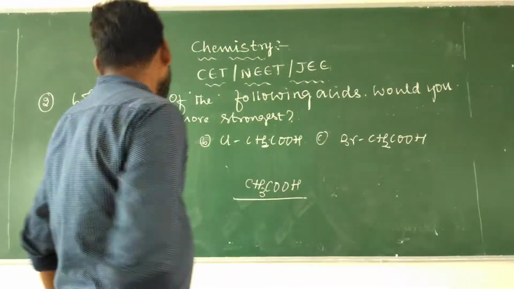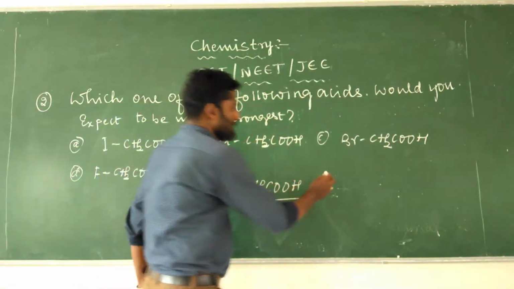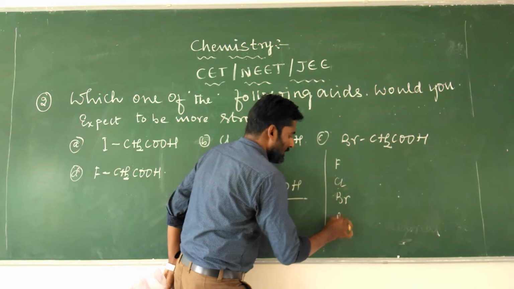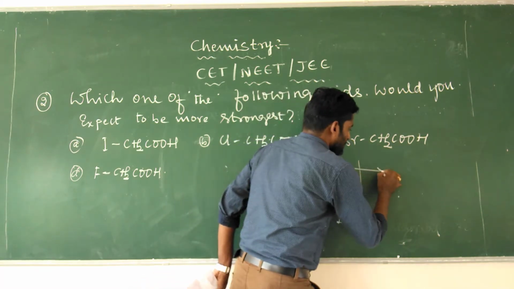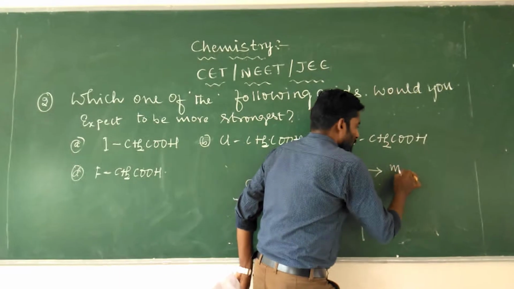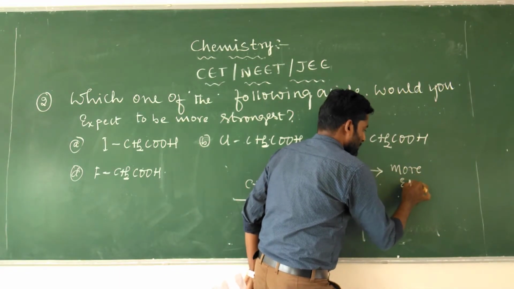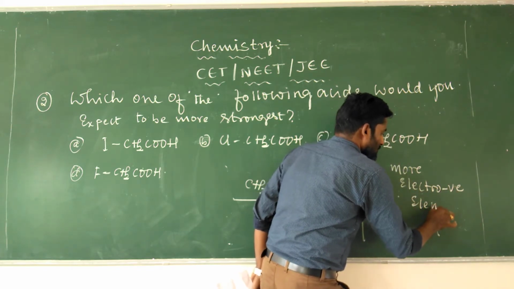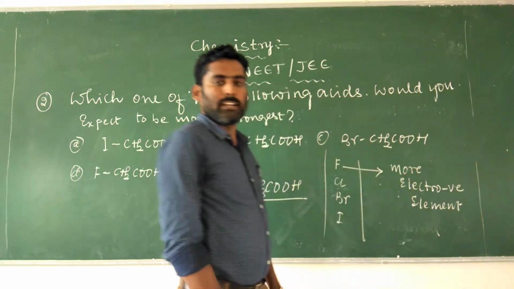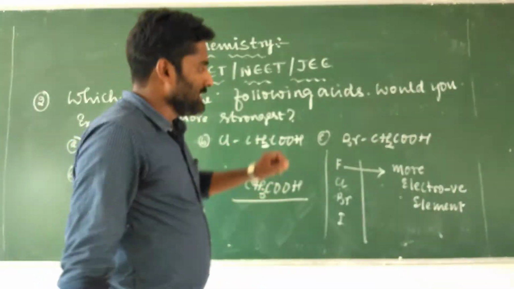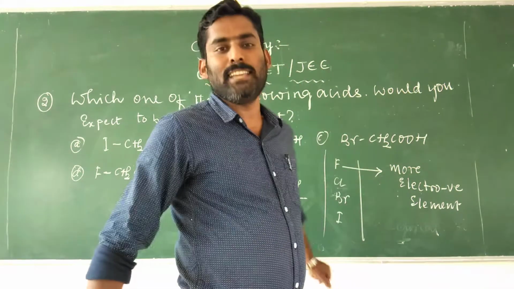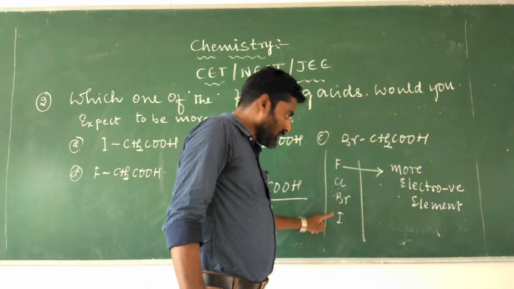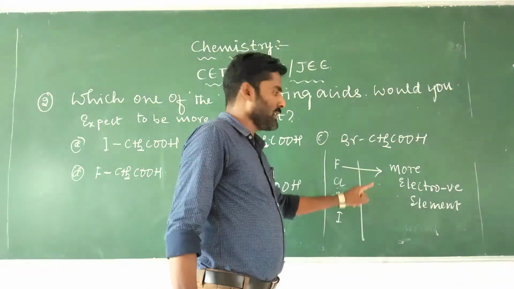Among the halogens fluorine, chlorine, bromine and iodine, fluorine is the most electronegative element.